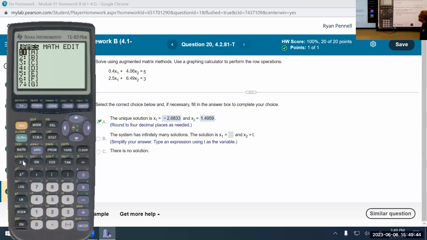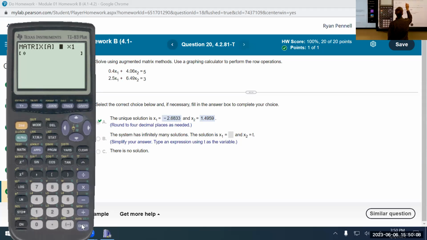Now I'm in matrix manipulation. I want to edit. Okay. Enter. Now, what matrix do I want?